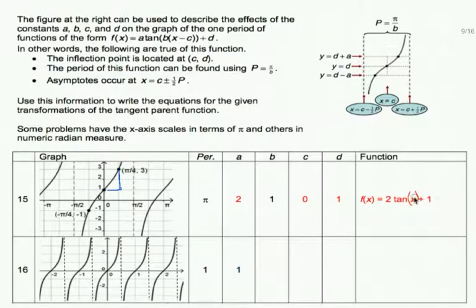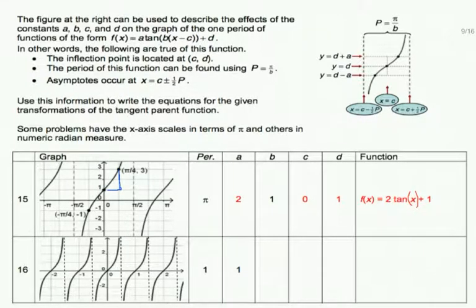The only time it would be open parentheses x plus 1 and then close parentheses is if this 1 is a C value. Okay, it wasn't your C value, it was your D value. So it needs to be written like this.